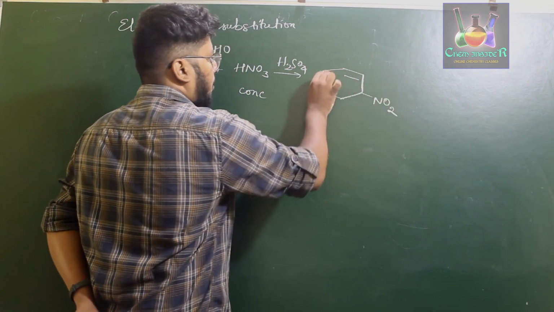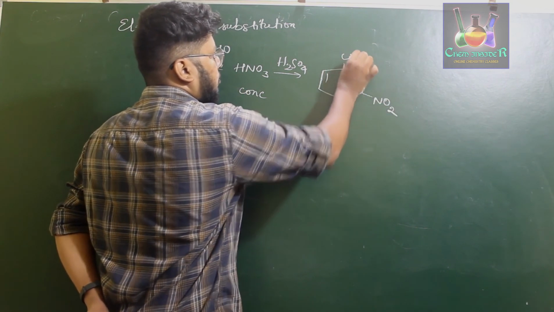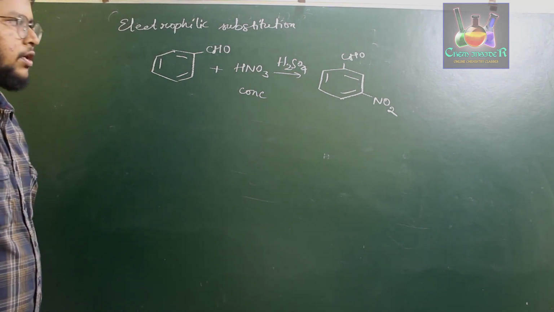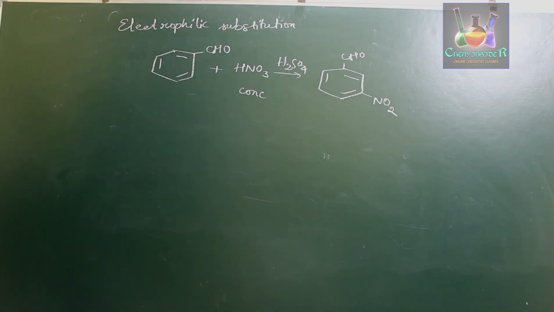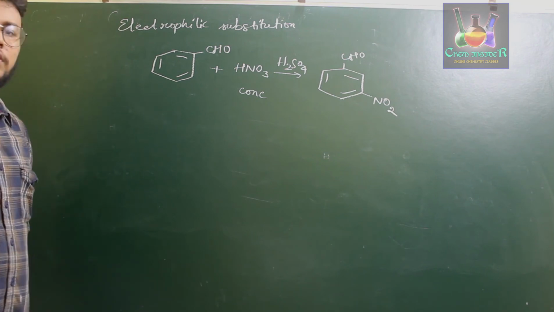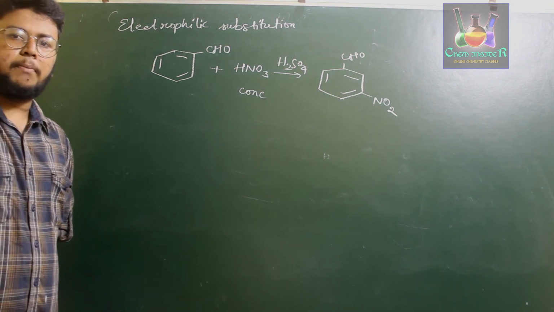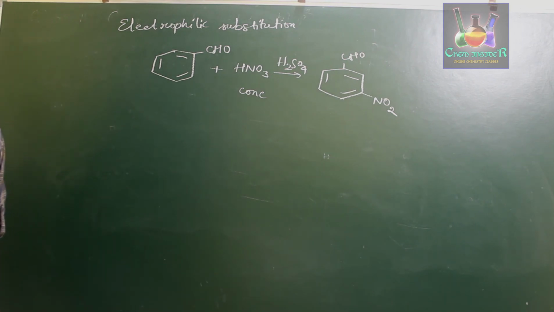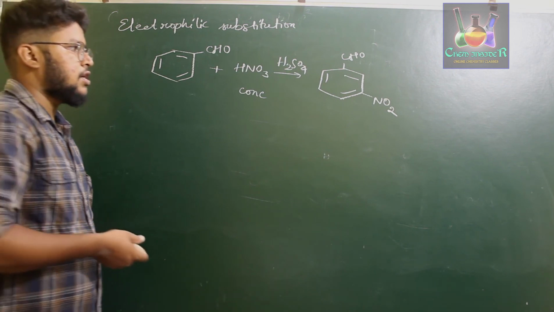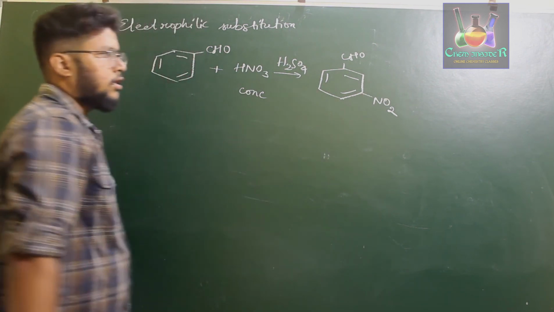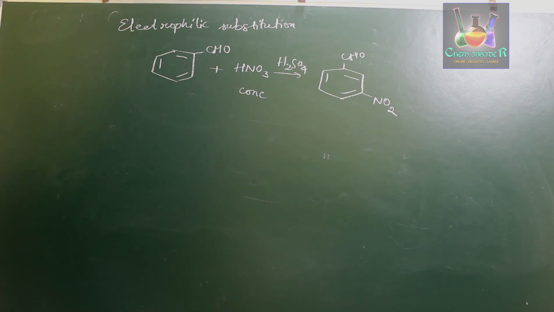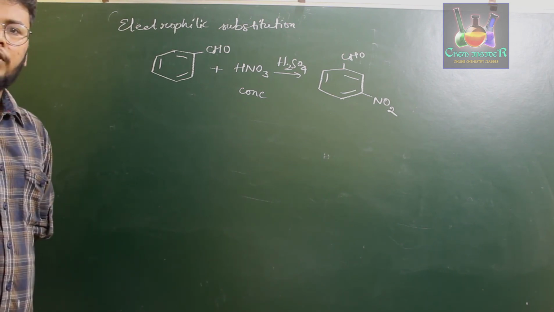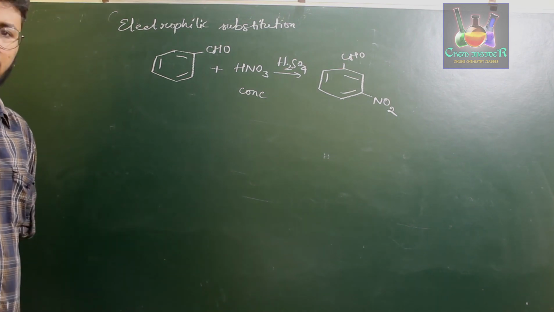So they form the meta-substituted product, meta-nitrobenzaldehyde. This is because the CHO group present on the benzene ring removes electron density from the ring and makes the meta position relatively more electron rich than the ortho and para positions. Therefore, the incoming electrophile will be positioned at the meta position.